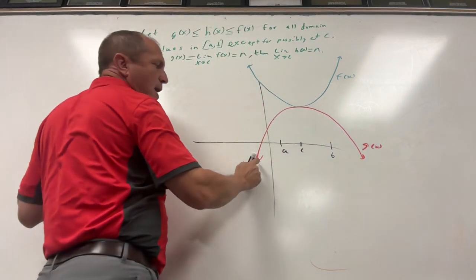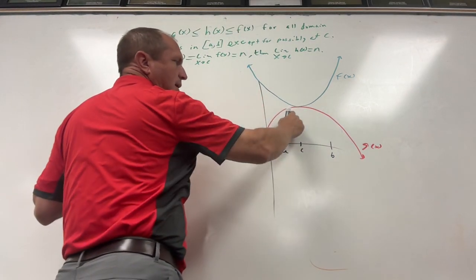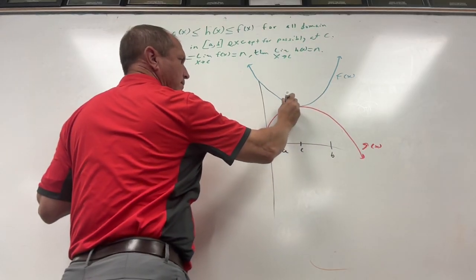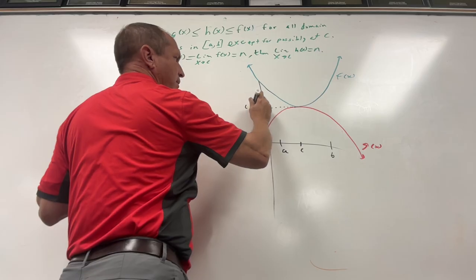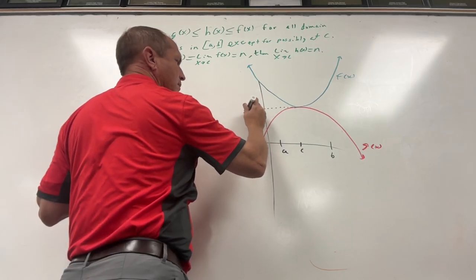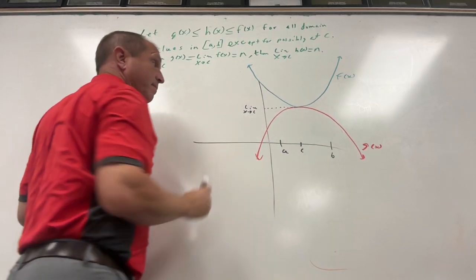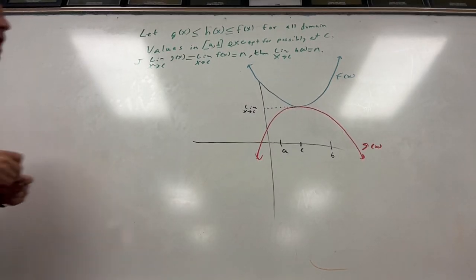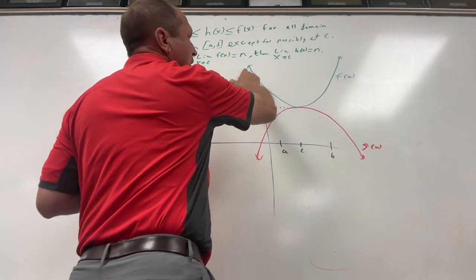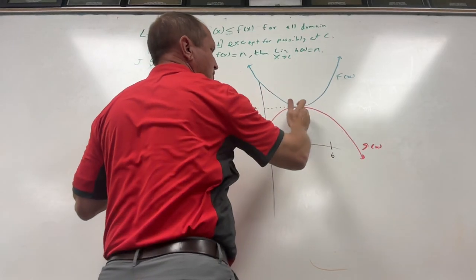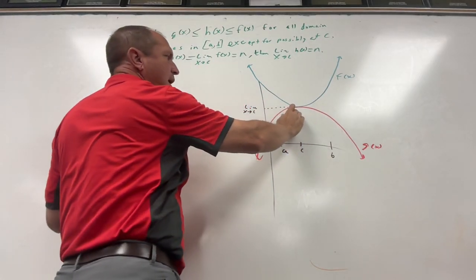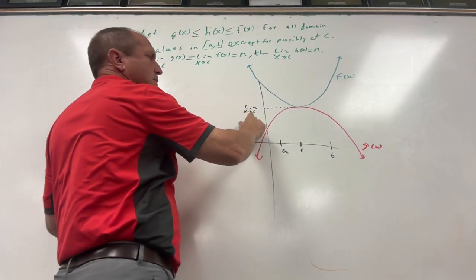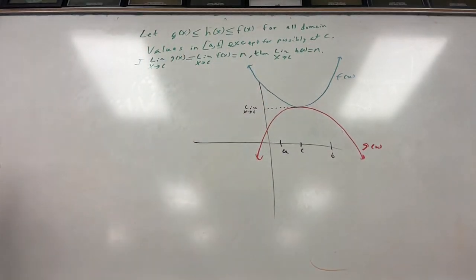So, as I approach c on g of x coming in from the left and the right, that would be my limit value, right? Yes, sir. And as I approach c coming in from the left and the right, also for f, that's also going to be my limit. So this is both the limit as x approaches c for f and for g.